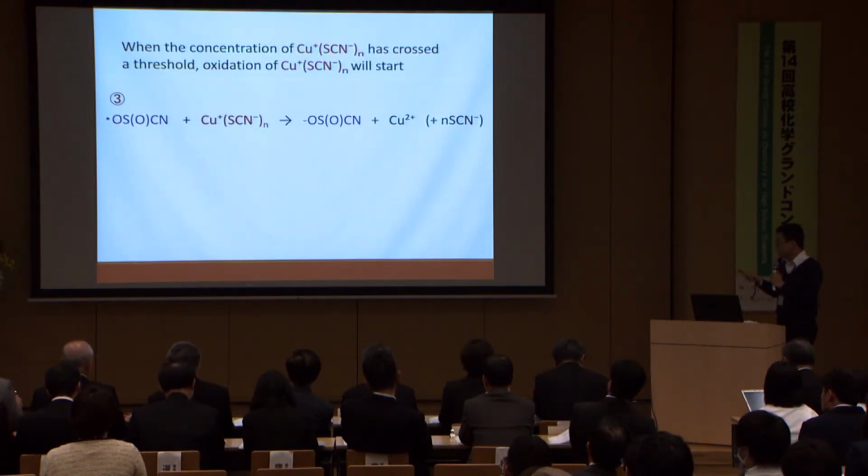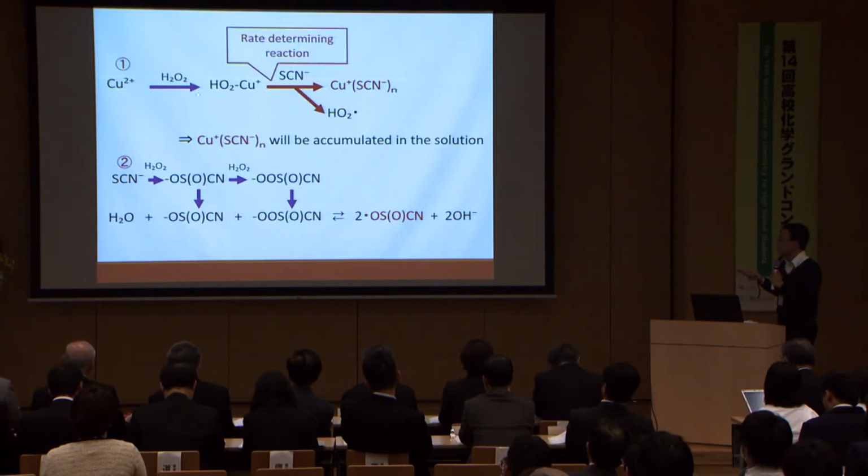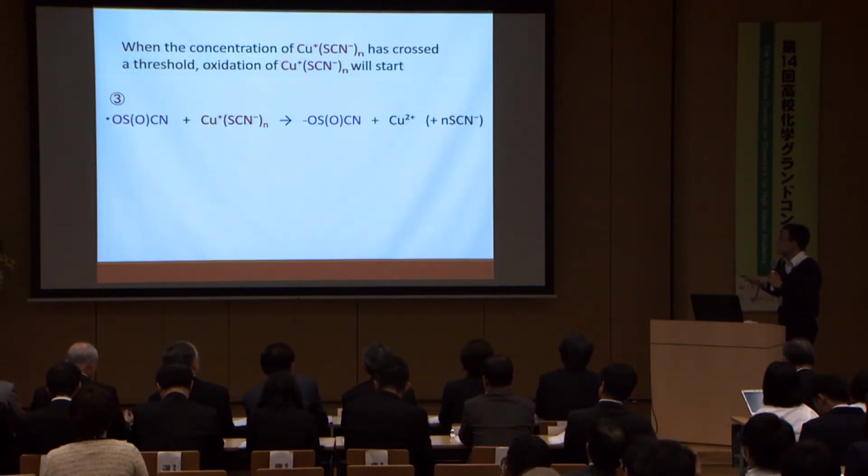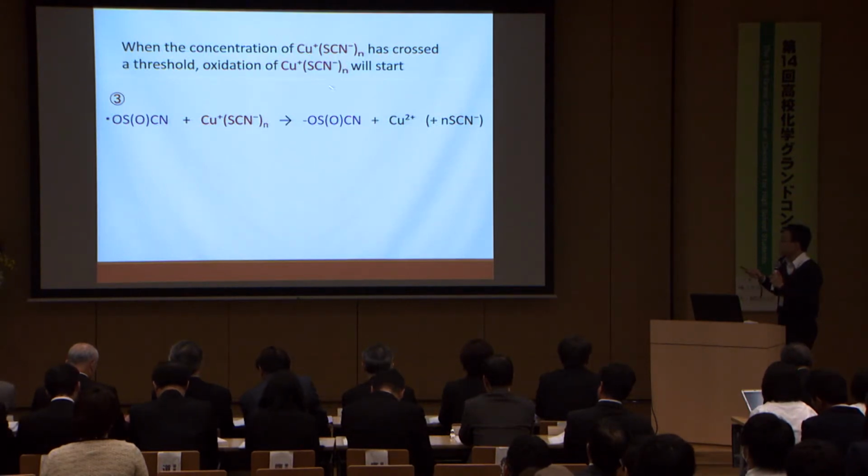So when we increase the concentration of H2O2, the concentration of this complex will easily increase, which means that the concentration of this complex will cross a threshold easily. So that's why the oscillation period has decreased.